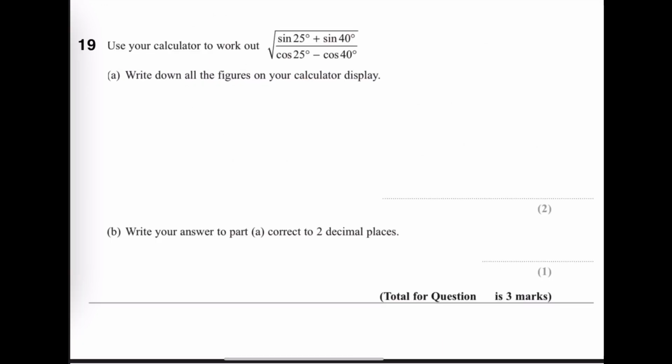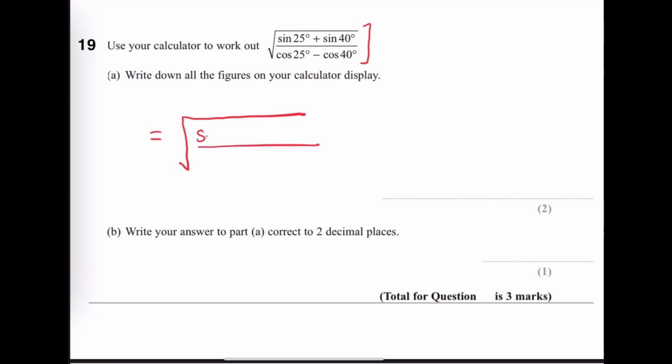Question 19. Use your calculator to work out the square root of sin 25 plus sin 40 over cos 25 minus cos 40. Write down all the figures in your calculator display. So when you put this into a calculator, the first thing you're going to do is put the square root sign. And then you're going to put your fraction. Then it gives you the option to start at the top.